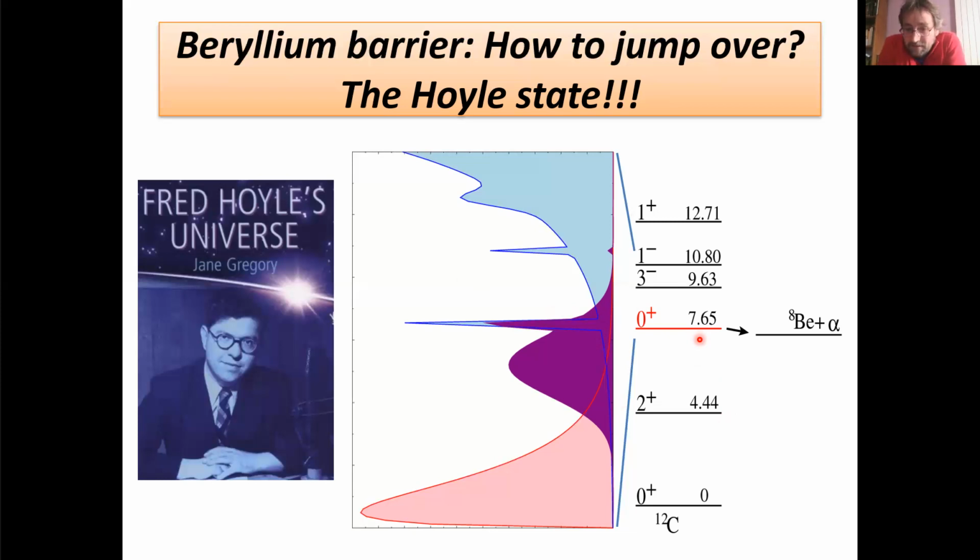Nevertheless, we form, in what is called the triple alpha process, that we need to jump over the beryllium barrier.